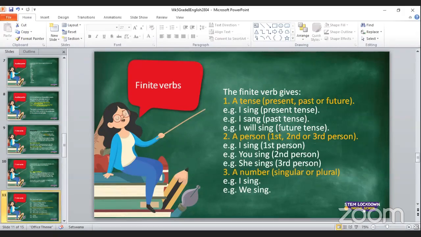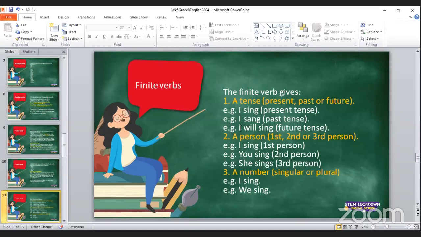Let's go to the examples I've given. For example, I sing. I sing is in the present tense, right? Second example, I sang. That is in the past tense, the simple past tense, which we are going to go through in the next lesson. I will sing. That is in the future tense.